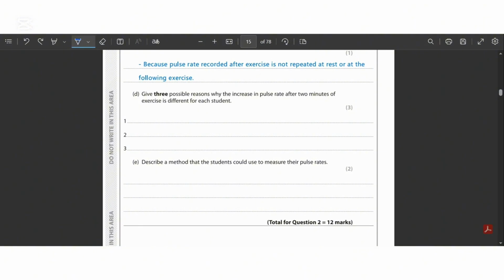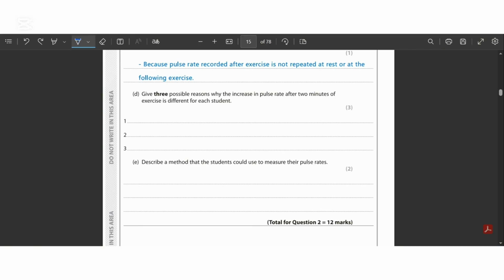Hence, as there are four students over here, if each student is not doing the same activity but a different one, it means their pulse rates will be different since their metabolism rate will be different.